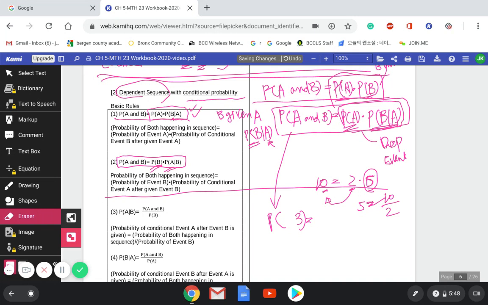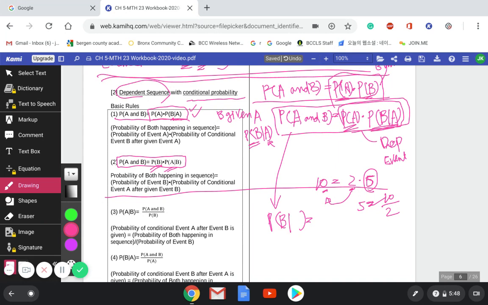So you have to move this one to the other side. So it would be probability of A and B divided by, moving probability of A to the other side, probability of A.